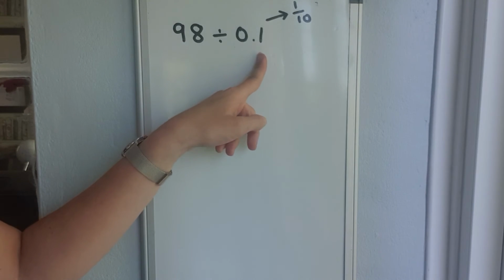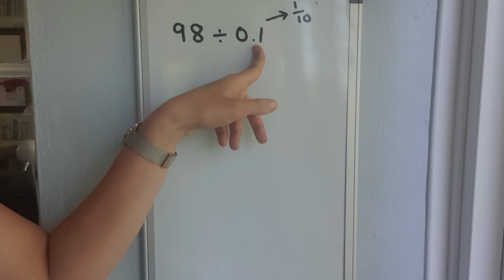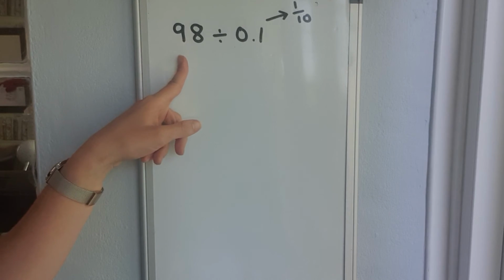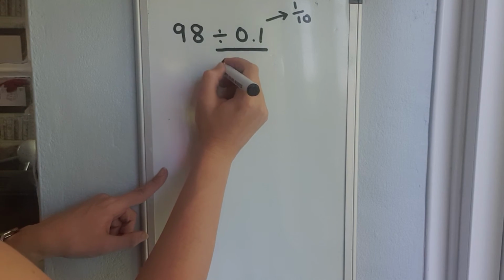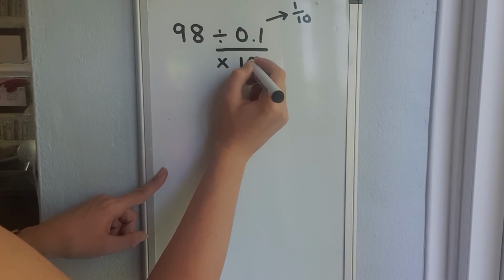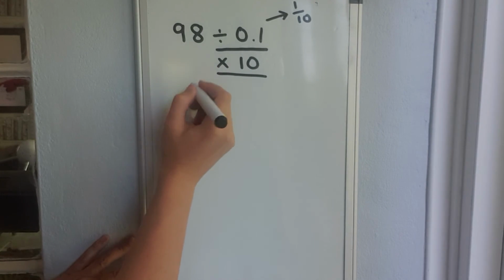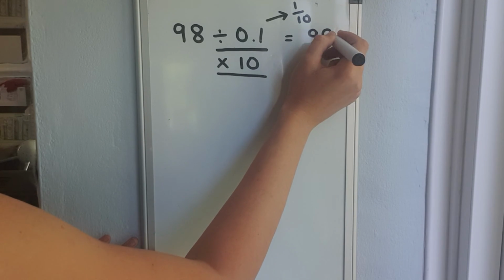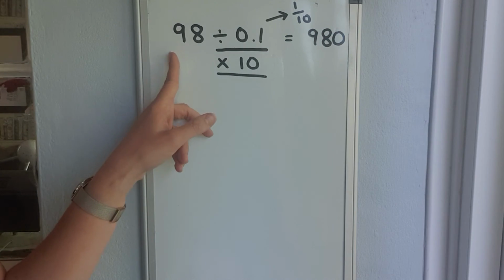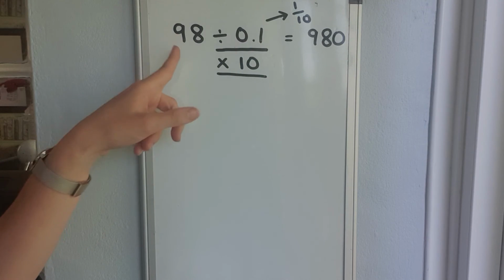So dividing by 0.1 is the same as saying how many 0.1s go into 98. So doing this does the same as multiplying by 10, which is really counterintuitive and sometimes gets us a bit confused. But that means 98 divided by 0.1 is actually 980. So we're moving the 98 one place to the left because there are 980 of those in 98.